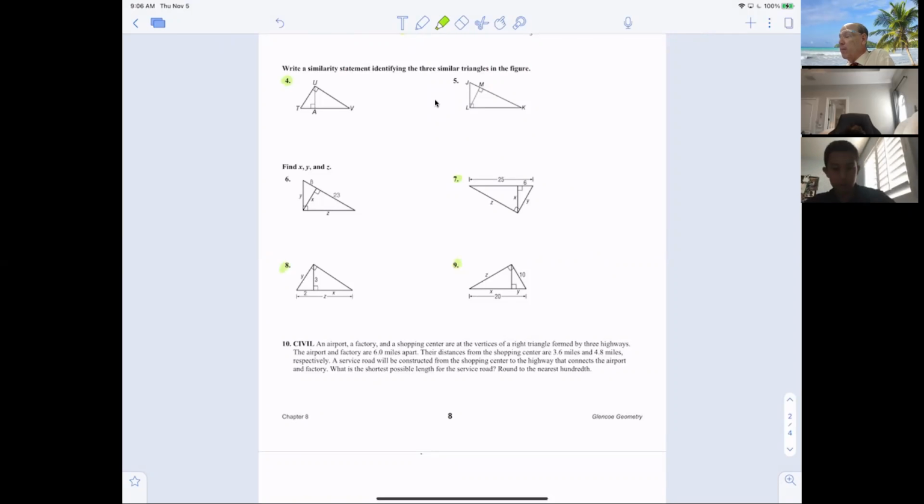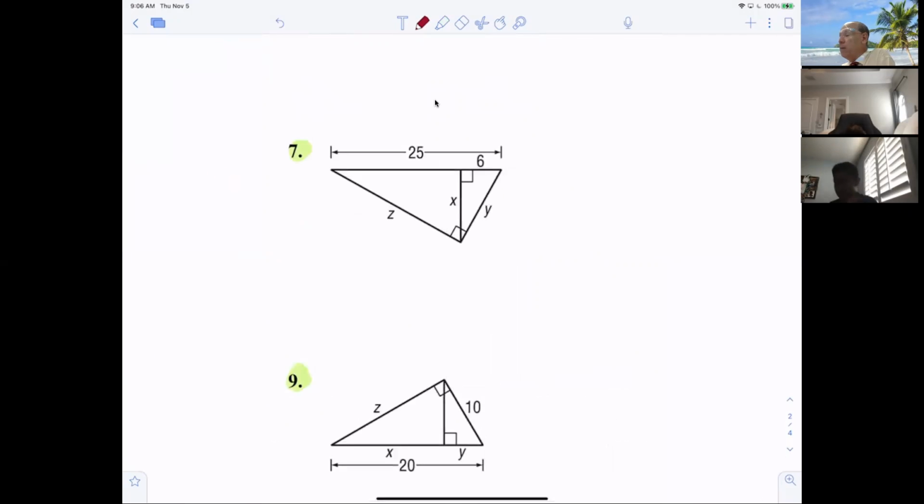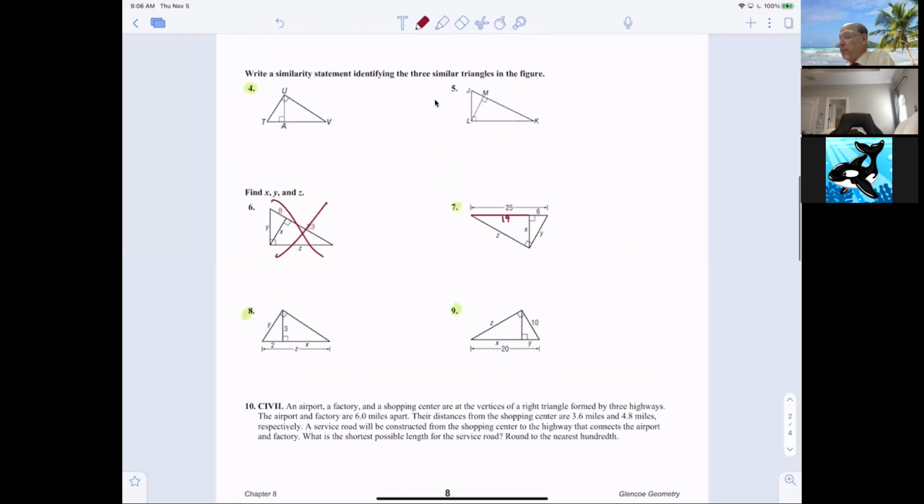I think those are all the different possibilities. I skipped number 6 because I don't like 23. The other numbers are small enough that you should be able to do them mentally. Look at number 7 right off the bat. Don't be confused. What's this length from here to here? There you go, 19. So those are the ones I want you to do. I don't care about number 10.